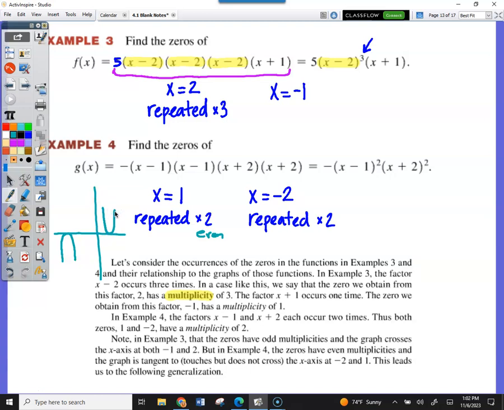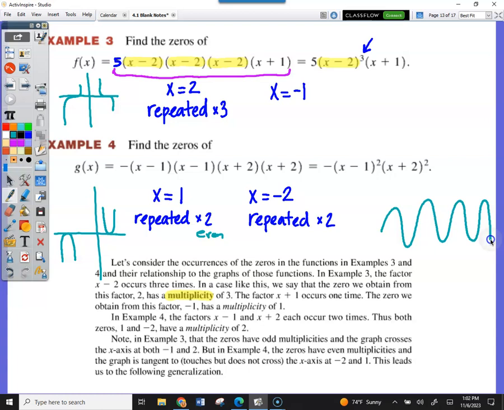If it's an odd repeated 0, you probably know where this is going now. It's like a little mini Saturday Night Live. It actually lays across it and then goes over. Or it can come down, lay across it, and go down. Instead of this nice, like this. You know what I mean?